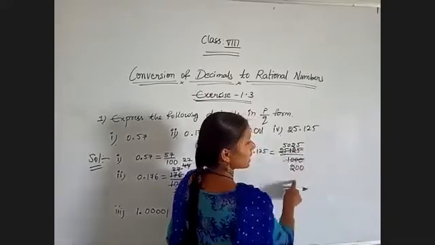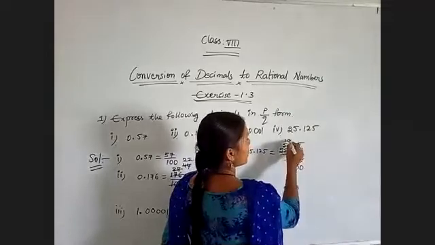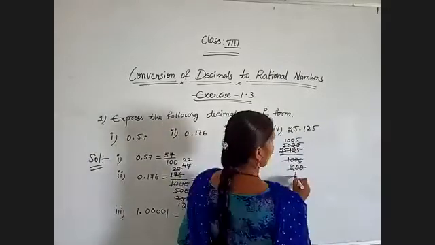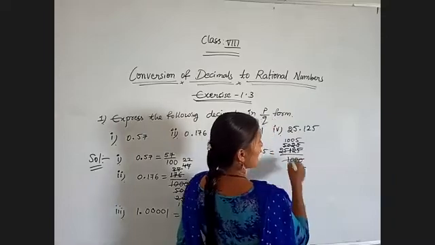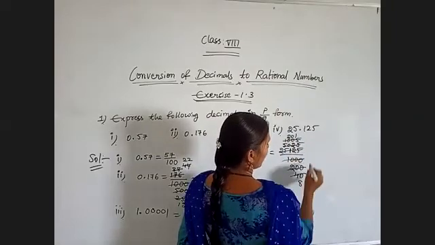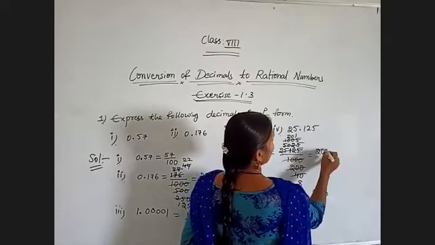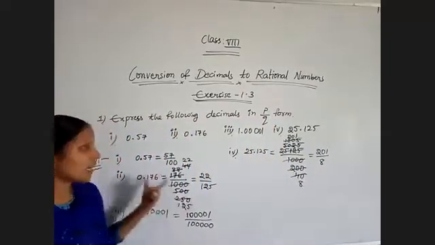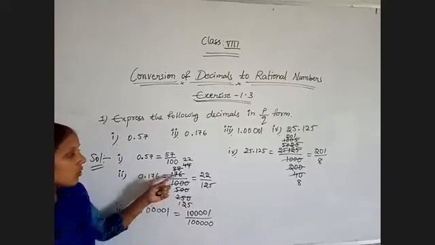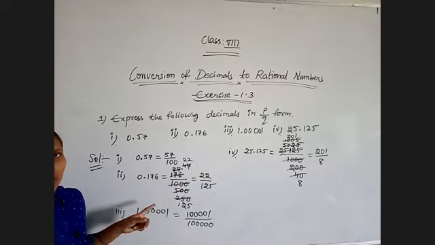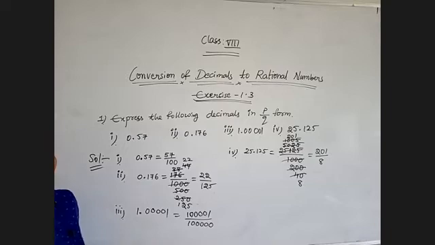Again both can cancel in the 5 tables. 5 4s are 20. Again both can cancel in the 5 tables. 5 1s are 5, 5 8s are 40. So its simplified form is 201 by 8. So while you are doing the cancellation, go for taking their HCF. Then divide the numerator and denominator by the HCF. Then you will get the answer.